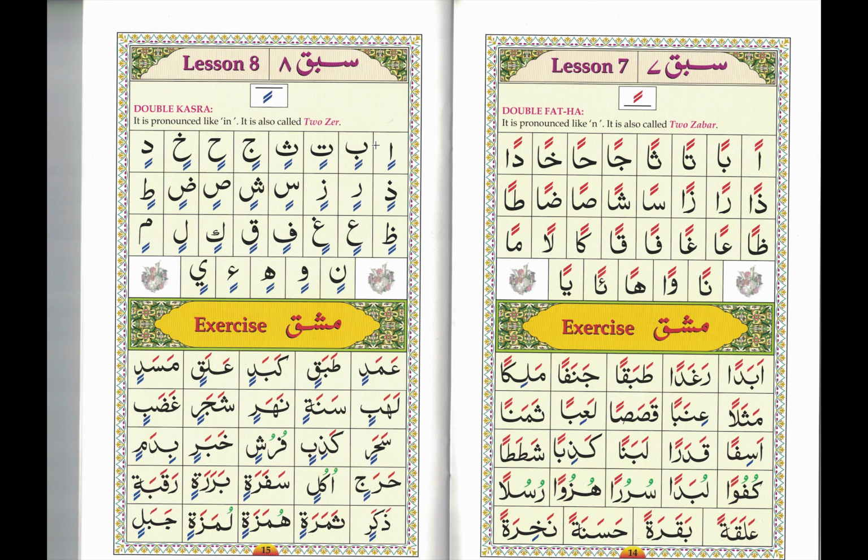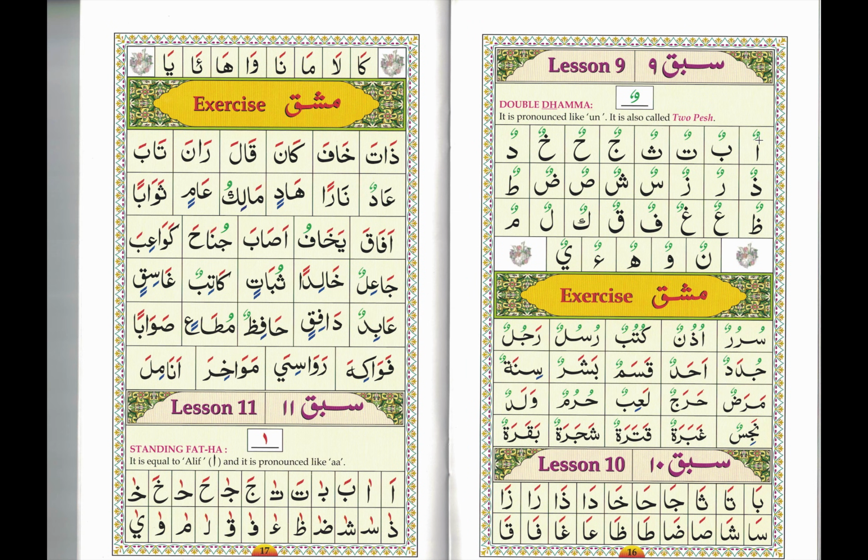So it becomes in, bin, tin, thin, jin, hin, khin, din, thin, rin, zin, sin, shin, sin, lin, tin, lin, rin, rin, fin, qin, kin, lin, and so on. Okay? So that's the double fatha and that's the double kasra. Like you notice, all we're doing is taking how you normally say it and then just adding an n sound at the end.